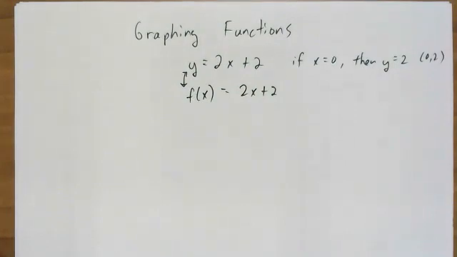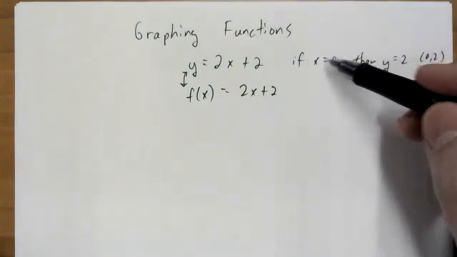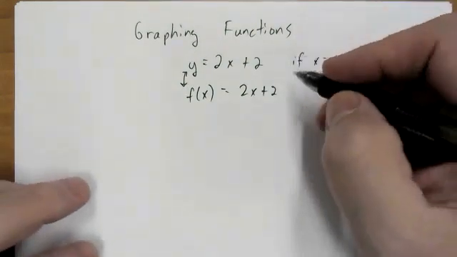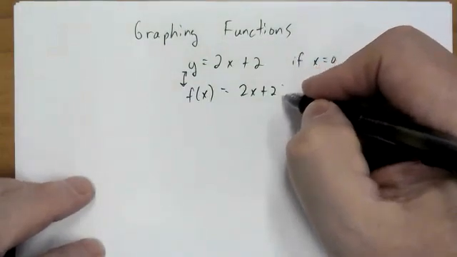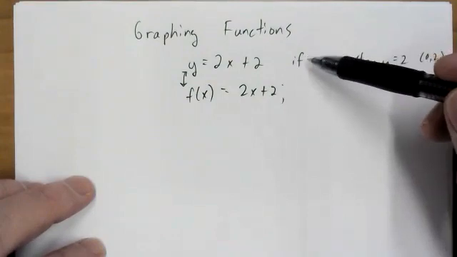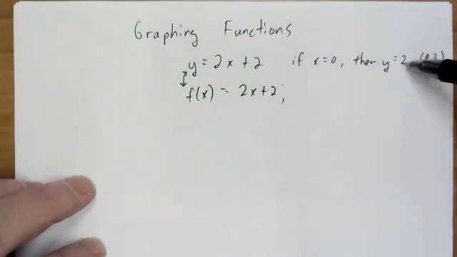One thing about function notation, we do this same principle, but it's a little bit slicker and neater, because here I had to write out if x equals 0, then y equals 2.